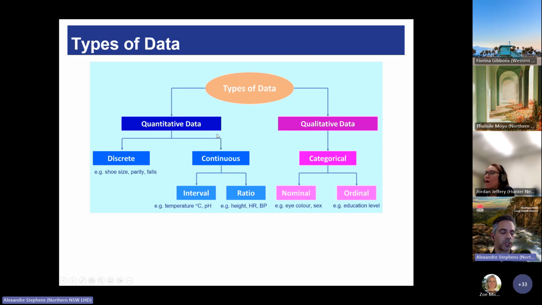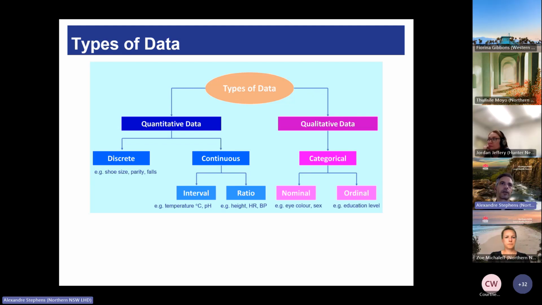If we focus in on the quantitative data, there's multiple subtypes for those ones. There's discrete scale and then there's a continuous scale. Discrete scale variables, data can take on only specific values within that scale. And a good example is shoe size. For continuous variables, data can take on any value within the scale.